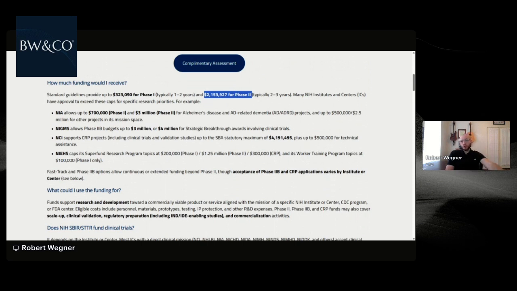You'll see that for phase 1, they have $700,000 as the upward limit for feasibility for phase 1 and $3 million for phase 2. And obviously the National Institute on Aging is largely targeting Alzheimer's disease and AD-related dementias. We'll talk about the technologies that are of interest there once we get to the institutes and centers. But just know that that's the initial waivers above the standard budget allowances.